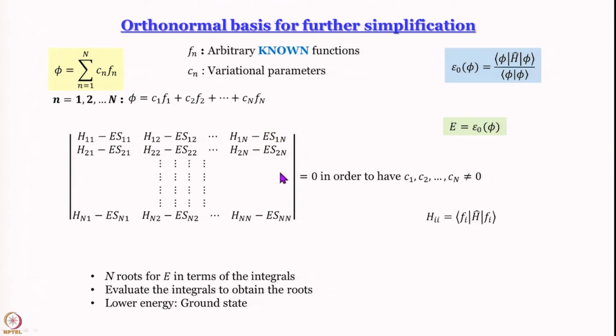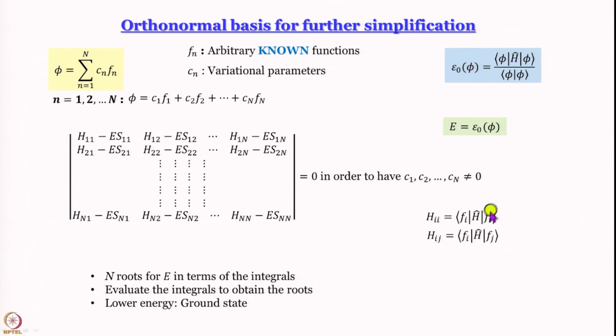Does it help? Well, as you can see, what do we work with? We work with these Hij, and I have not written S. Similarly, I can write Sii and Sij. So, here, first of all, if I use eigenfunctions of the Hamiltonian, and if I choose such eigenfunctions that form an orthonormal set, a basis means this is the set of functions on which I am doing all my calculations, this is the basis set.